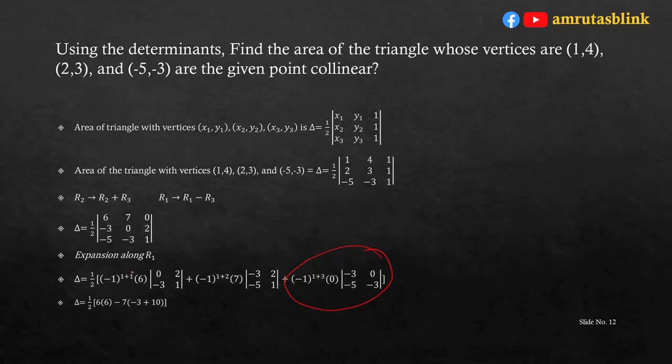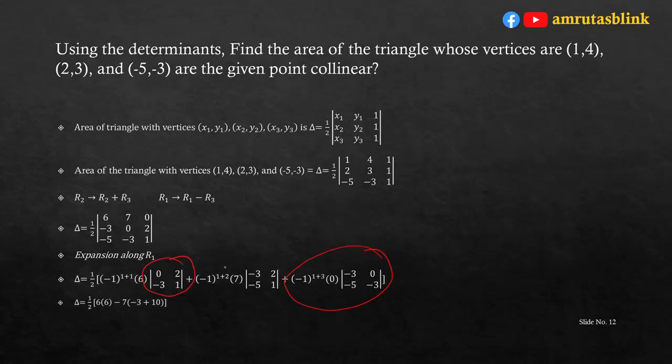Hence, 1 by 2 into bracket. Now, minus 1 raised to 1 plus 1 is plus 1. So, plus 6 as it is. Now, the value of this determinant 0, 2, minus 3, 1 will become minus minus 6, that is plus 6. Hence, we have 1 by 2 into bracket 6 into 6.